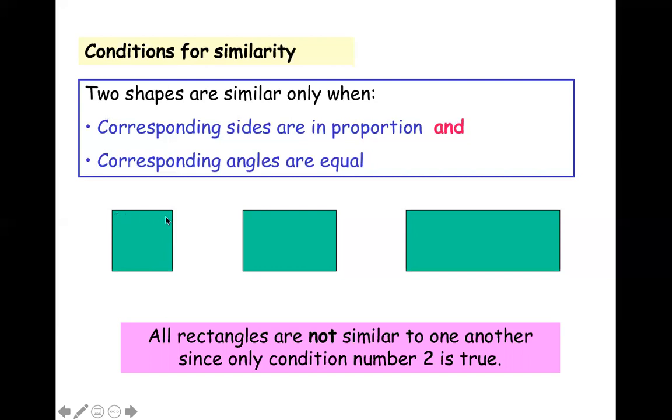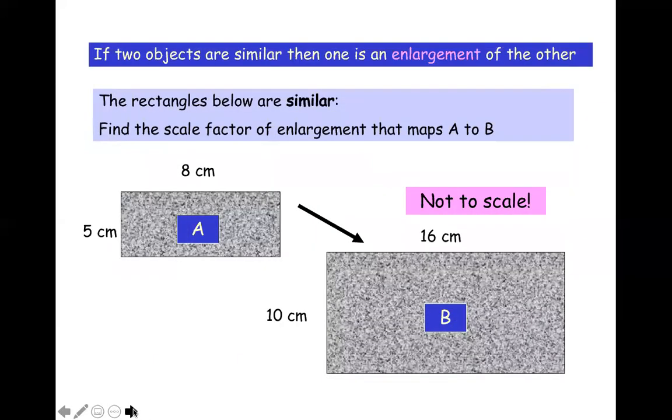If you've got that side here, this is double that side, but because we've not doubled that side, they're not proportionate. So we can't say they are similar. And it's the same for that one. You've got probably 1, 2, 3 times that side, but not the breadth there. So let's have a look at other shapes when we do have similarity.